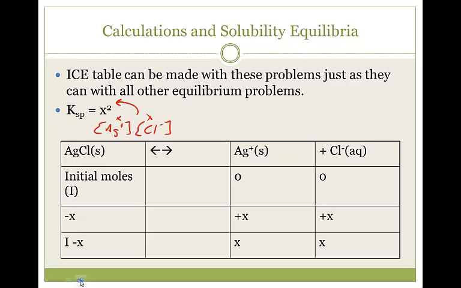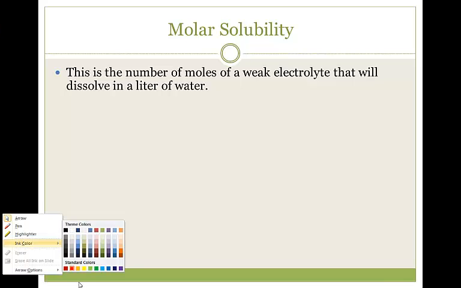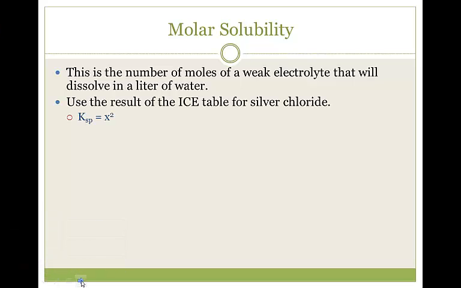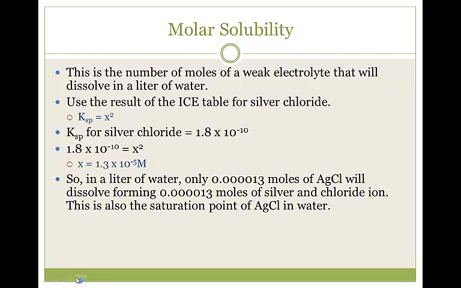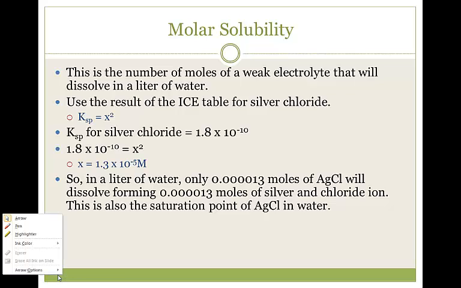So what we can do with that then is find what we call the molar solubility. This is going to be one of the first few questions on any AP KSP problem. They're going to ask you for the molar solubility of a salt. So what we do is we take the result of our ICE table, which we see right here, and we set the KSP, in this case of silver chloride, equal to the results of our ICE table.